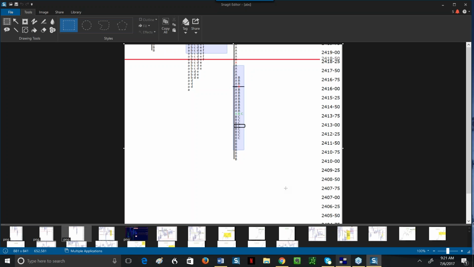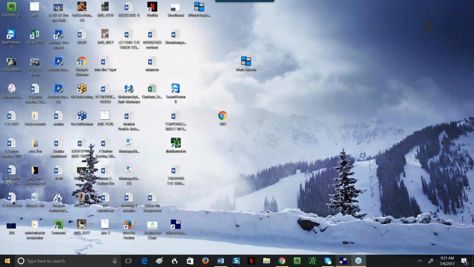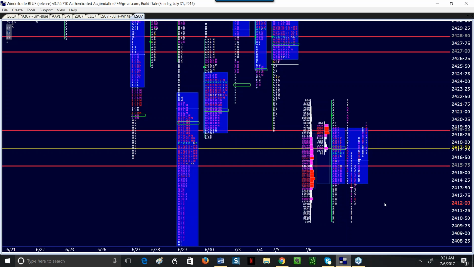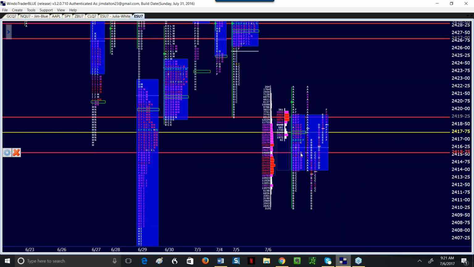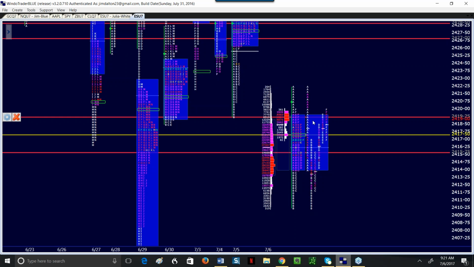Now, let's say that you did a spec buy at that point. Let's go back to the market and see what happened. Okay, this was the point of control originally, right down there, 24.1575. The market started to trade higher.